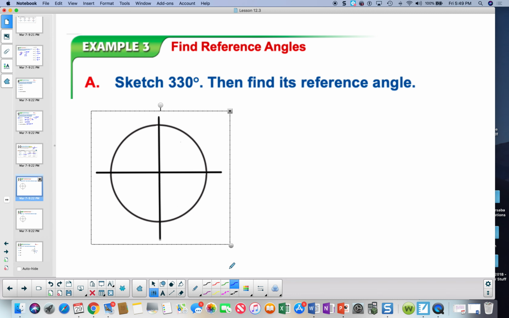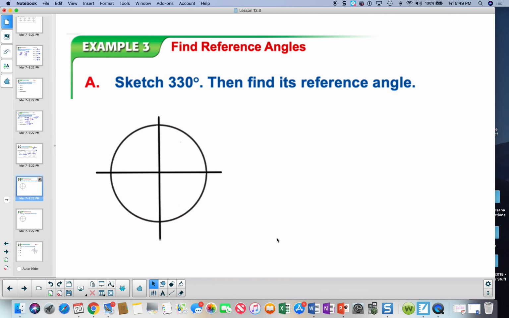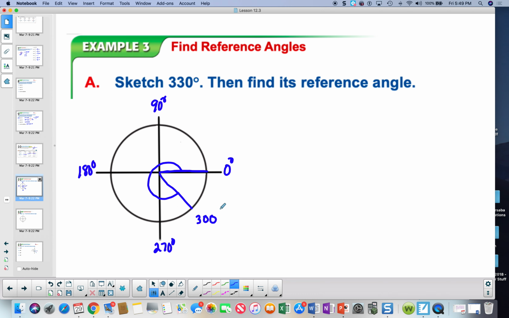Okay, let's go ahead and practice a problem. We want to sketch 360 degrees and then find the reference angle. So this is 0 degrees, this is 90, this is 180, and this is 270 degrees. Here is the initial side, and I know I have to go all the way around and past 270, and then this angle will be 330 degrees.